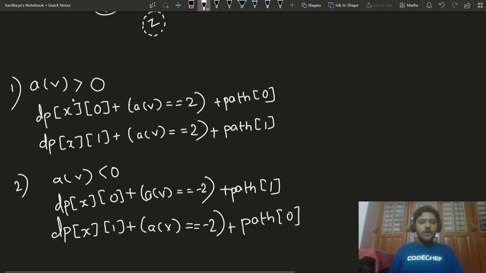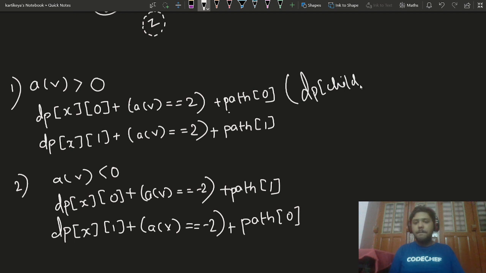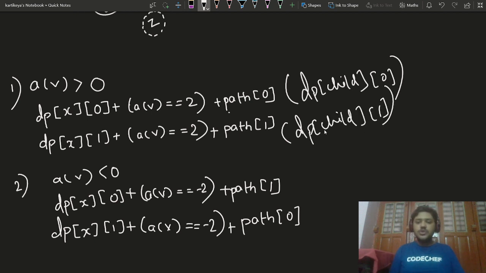So if a of v is greater than 0, what does path of 0 store? Path of 0 stores the maximum magnitude of dp of all the child 0 values, and path 1 stores the dp of all the child 1 values. So basically path 1 is storing a negative path, path 0 is storing a positive path. Now if a of v is greater than 0, then you take a positive path from x.